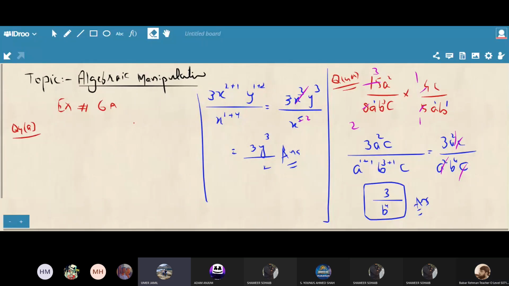Sir, the answer at the back is 3 upon 2 b to the power 4. Okay, yes, students, 2 will come, because 4 2s are 8. I forgot to write. Thank you very much, Adam.